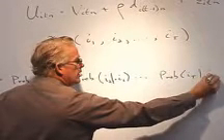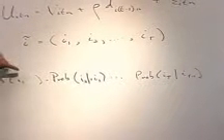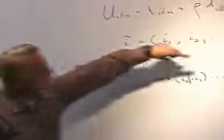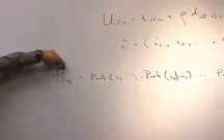I'm going to leave the n's out. So this is like marginal and conditional probabilities, and you can represent the joint probability of the whole sequence as that.